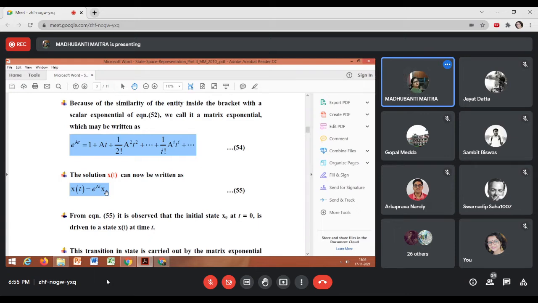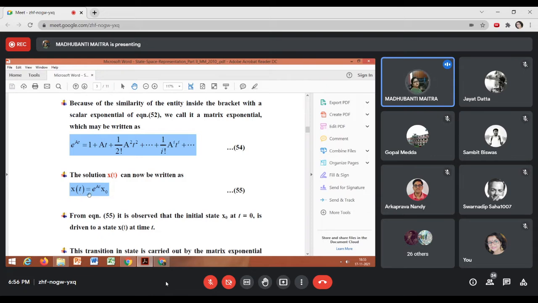Agree? So this is our initial state, and this is some final state at time t is equal to t, right? And we want to observe the state of the system at some time t is equal to t. So we may call that this is our final state which we want to observe.